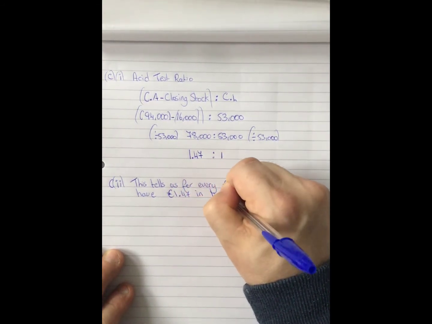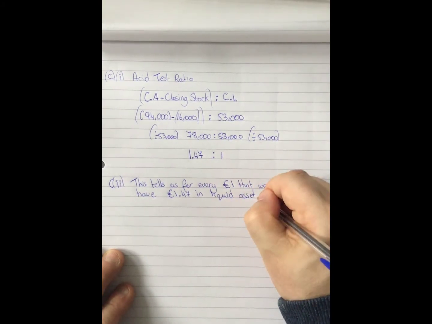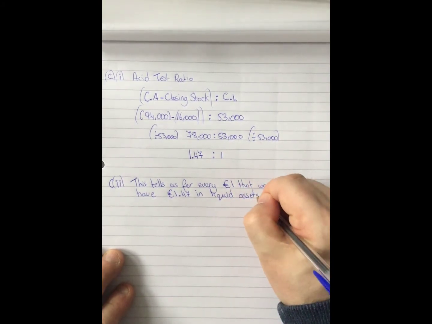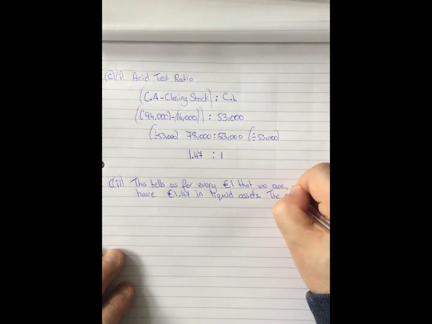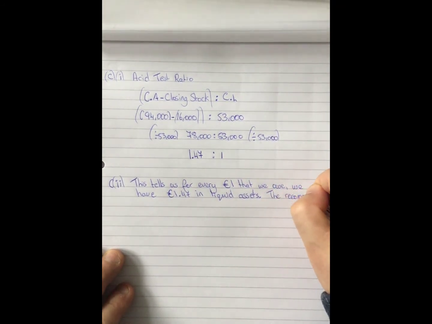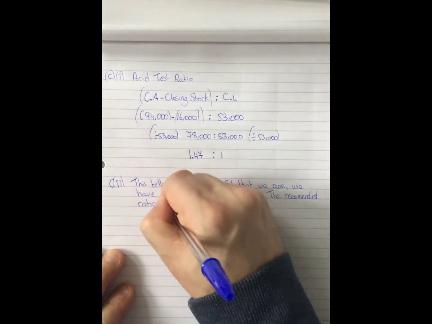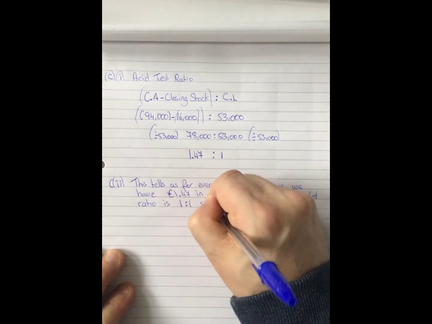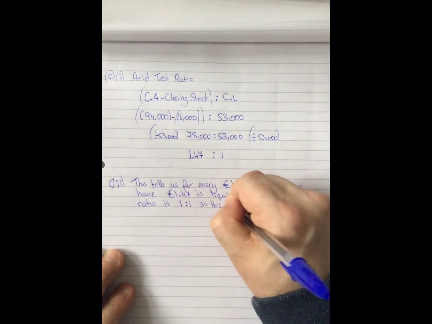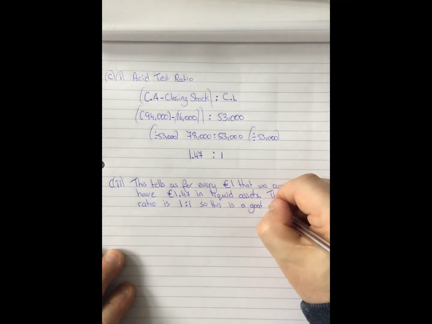Remember, come back to what is a liquid asset? Well, it's something that you can convert into cash quickly to pay your debts. Okay, the recommended ratio is 1 to 1. So this is a good ratio.